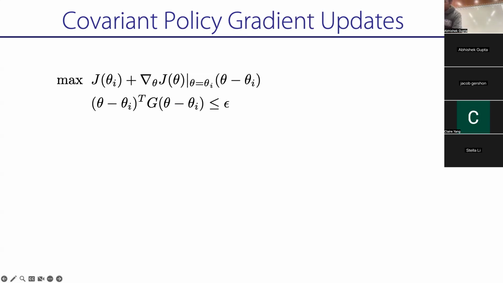Normally the Euclidean norm is theta minus theta i transpose G theta minus theta i, where G is the identity, right?